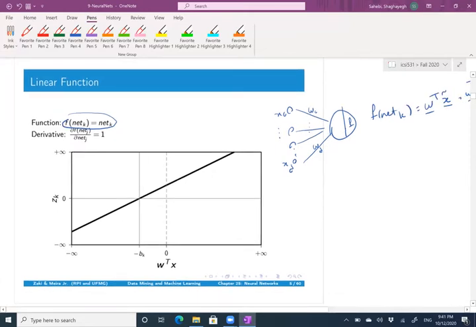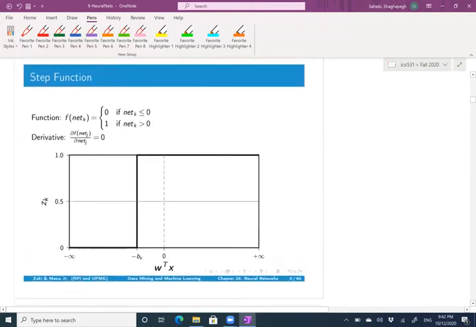So this is the simplest activation function, as if you're just doing linear combinations. A little bit different is a step function.